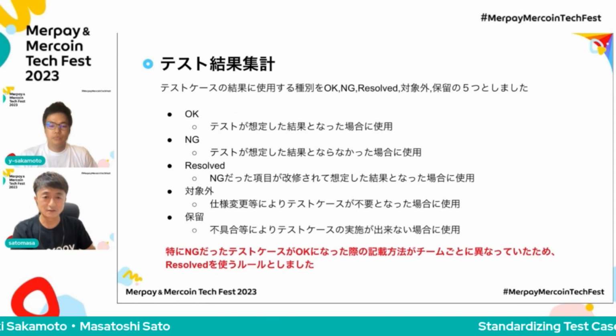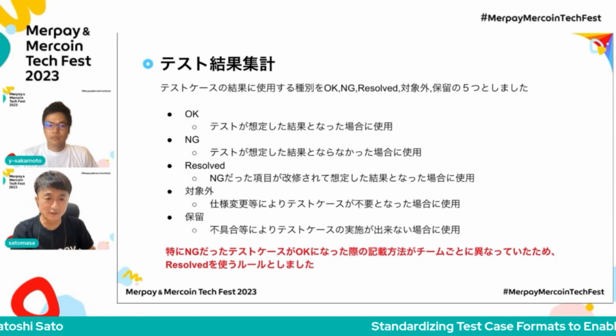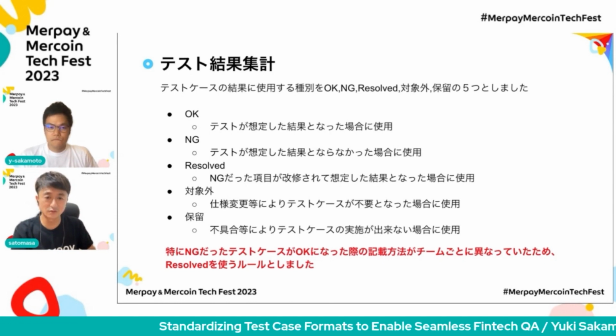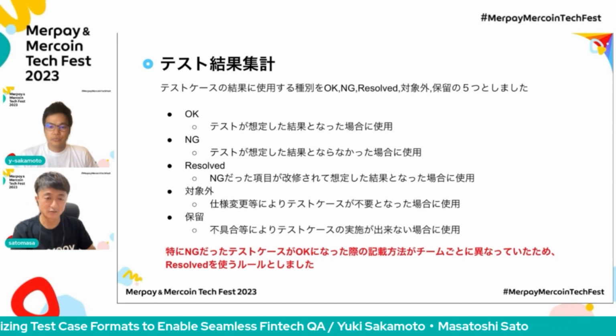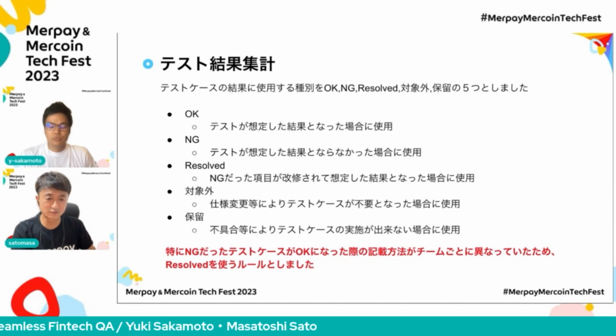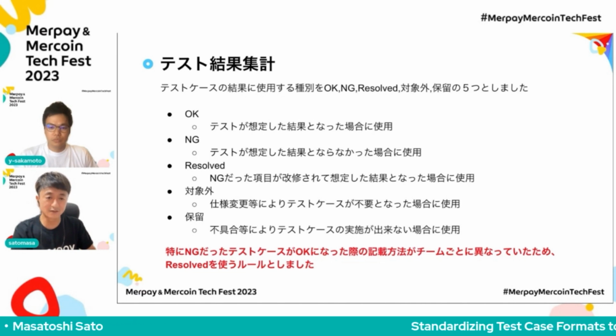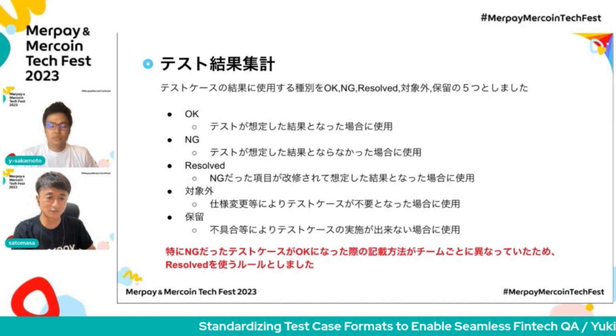The rule that we decided was that the types used in test case results would be separated into 5: OK, NG, resolved, out of scope, and reserved. And for reserved, it was quite different for each team. So for the standardization, we have unified the definition of reserved.